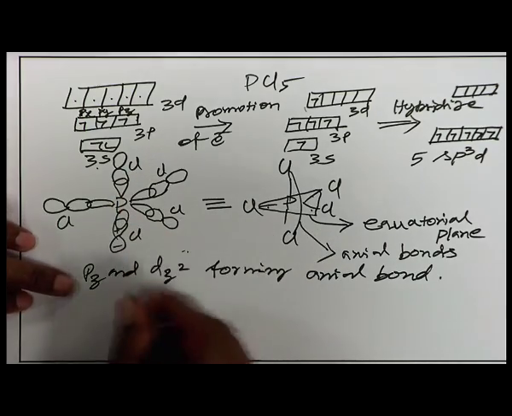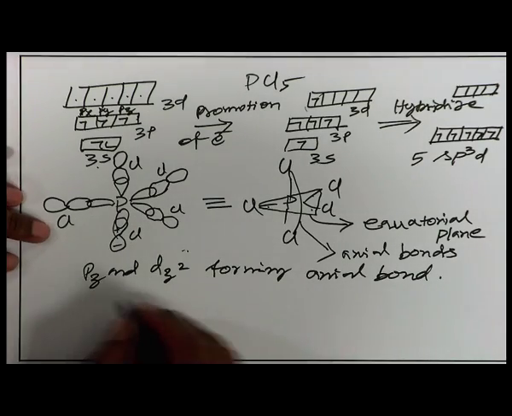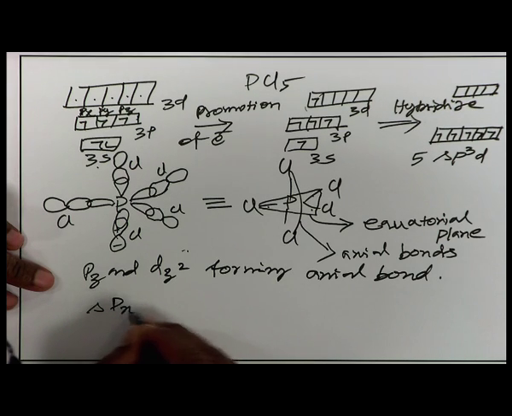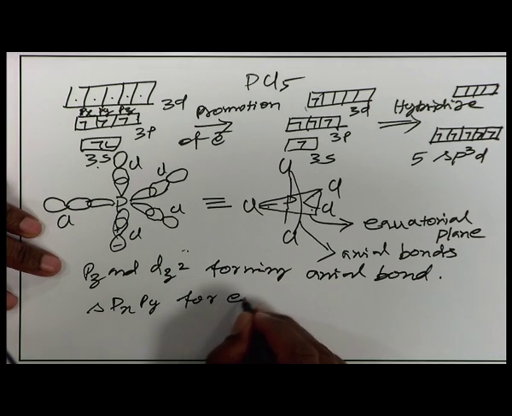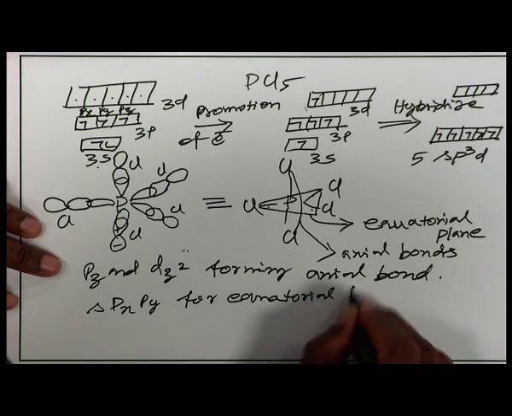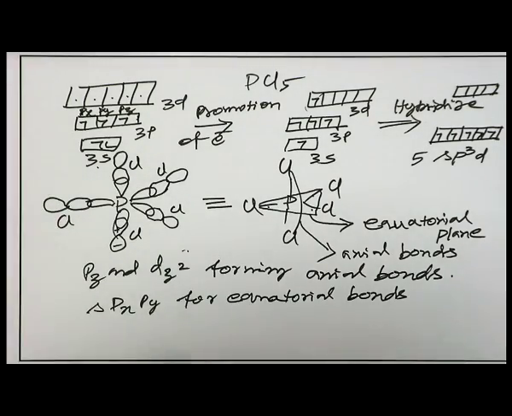So, along the z axis, they are used to form axial bonds. Then the remaining orbitals, the s orbital and the px and py orbitals, are used for forming equatorial bonds.